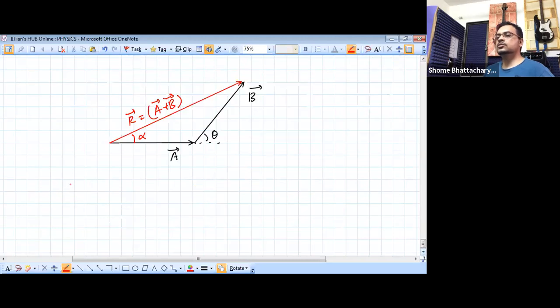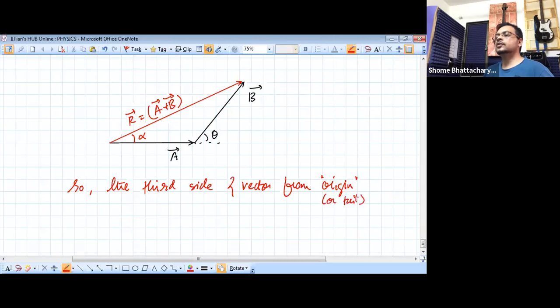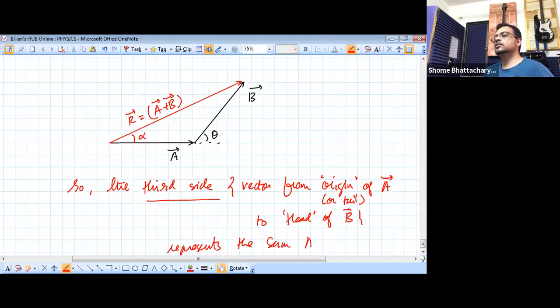Now the third side, that is the vector from the origin or tail of A to the head of B. That third side represents the sum A plus B, or what we're calling the resultant.